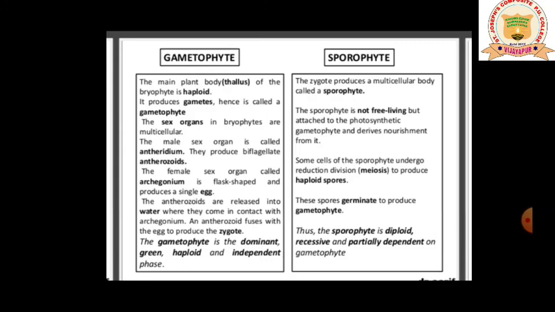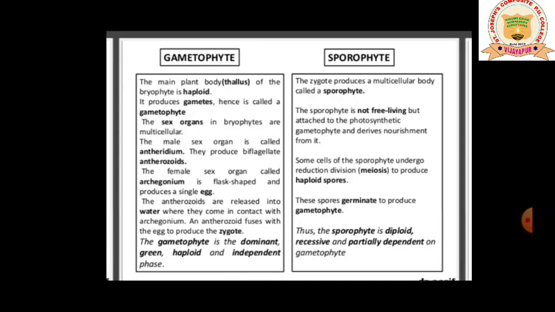The haploid spores germinate to produce the gametophyte. The gametophyte is dominant here. The structure called gametophyte is a dominant, green, haploid and independent phase. Thus, the sporophyte is diploid, recessive and partially dependent on the gametophyte.